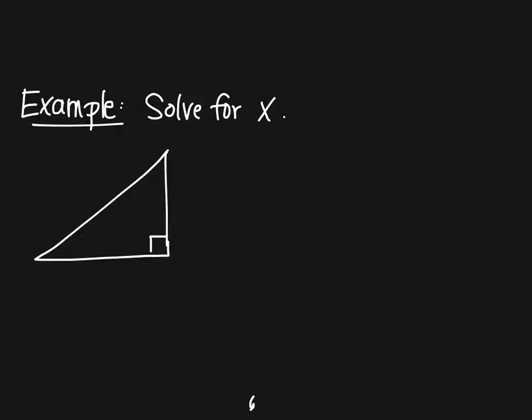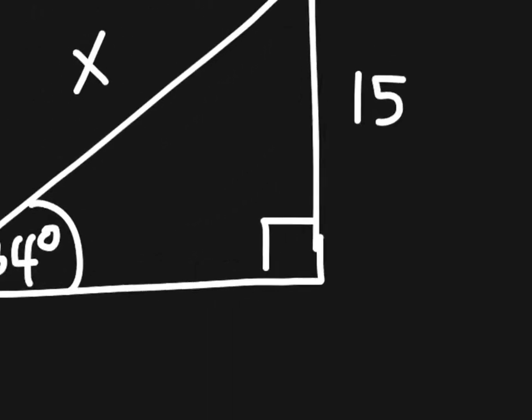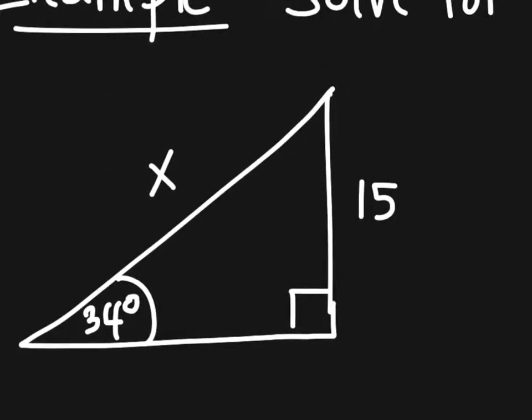Okay, x is sitting in the hypotenuse position. 15 is sitting in the vertical position. And the alpha angle is 34 degrees. Okay, that's the picture I just drew.